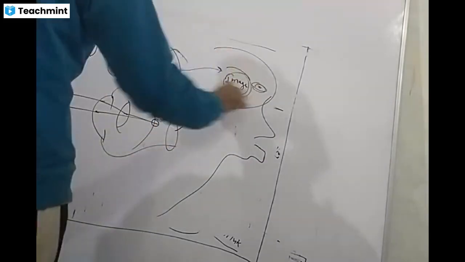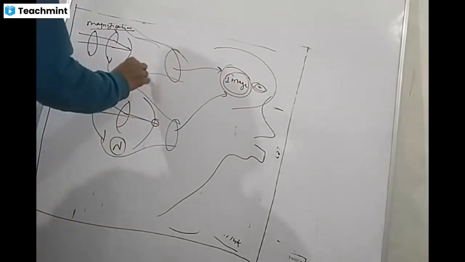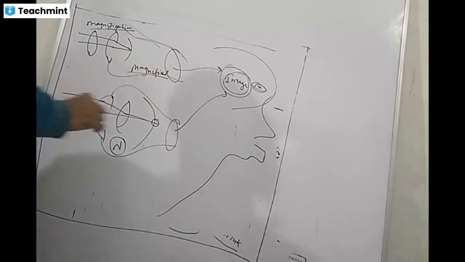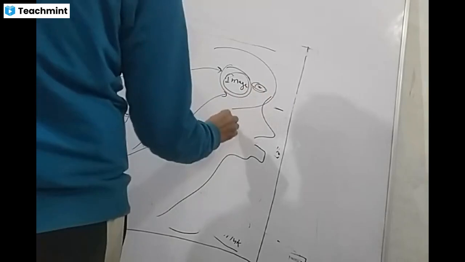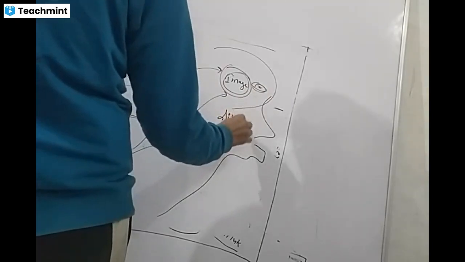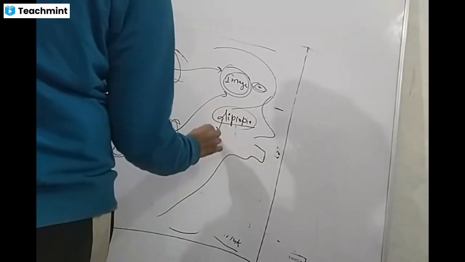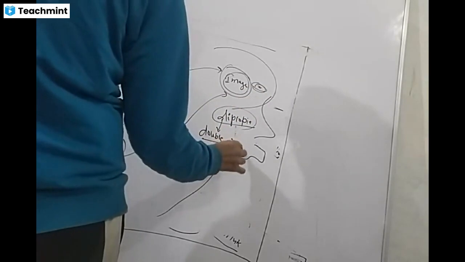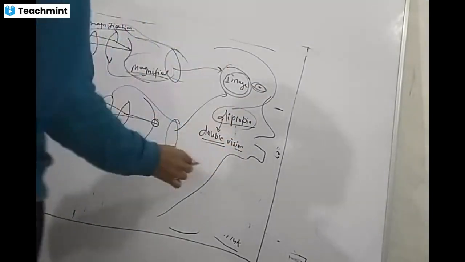Because of two types of image, this is normal, this is magnified, the patient will develop diplopia. Diplopia means double vision. One eye is normal, but the other is seeing things magnified.